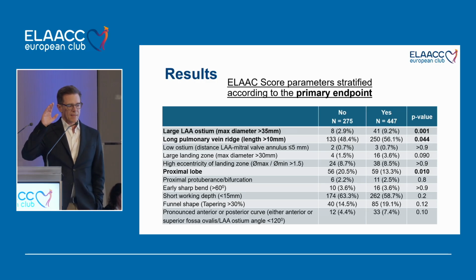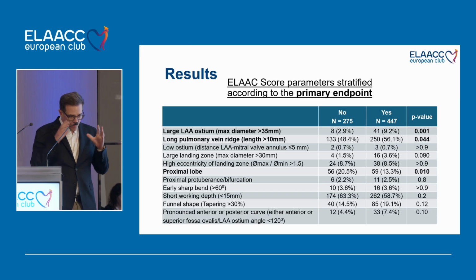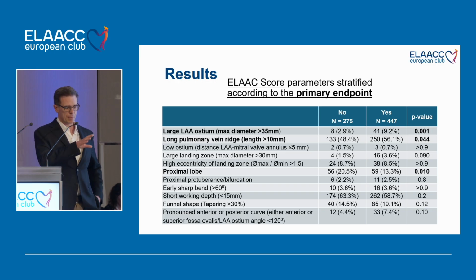Now, if we look at the binary ELAACC score, the variables that contribute to the ELAACC score, you see them listed here, present or absent, and you see that there was that actually contributed, of course, to the primary endpoint.